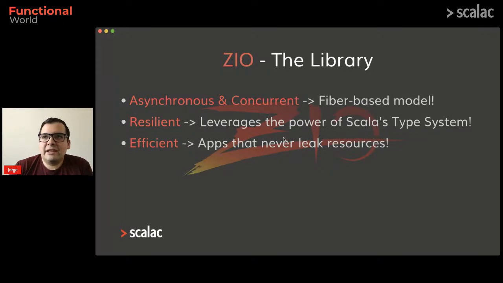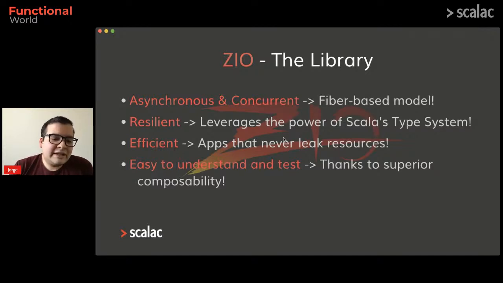If you open a file, you want the file descriptor to be correctly closed. Normally we have to do all those tasks manually, and if we forget, we start having applications that leak resources, and in time that can produce performance issues. ZIO allows us, in a very elegant and principled way, to build apps that never leak resources, and the library itself helps us to do that.